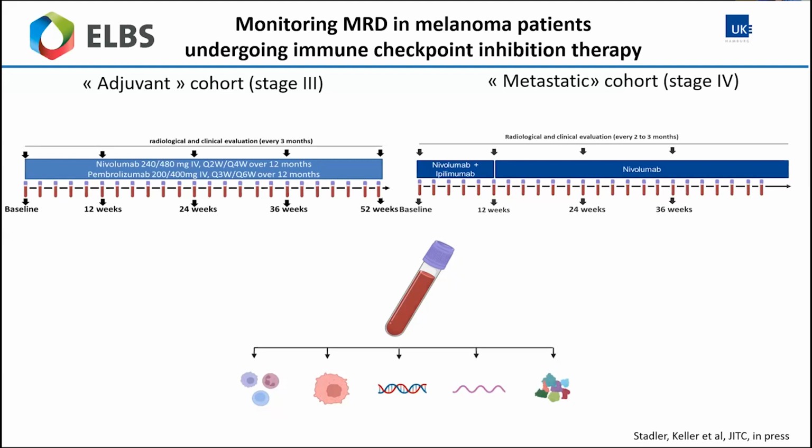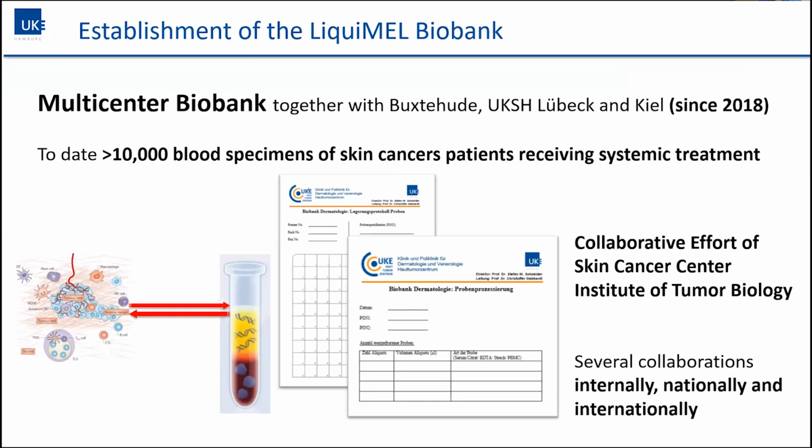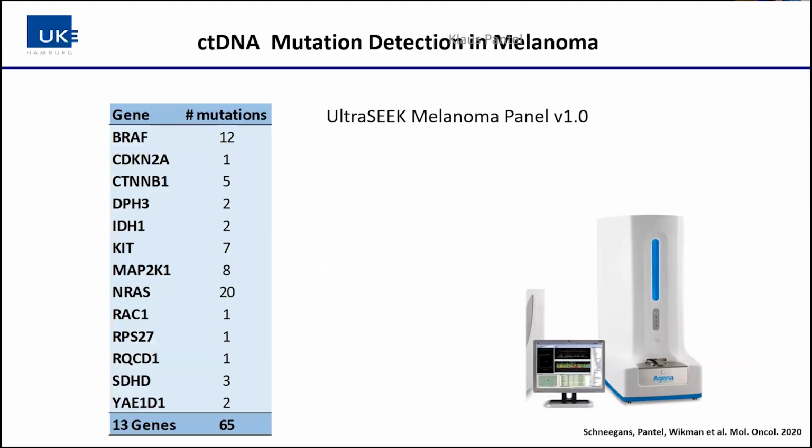And we analyze ctDNA, but also other liquid biopsy components. We have established a multi-center biobank, and that is really thanks to the wonderful clinical scientists shown on the last pictures that really do a lot of work to establish this biobank. And this is really a great asset for our ongoing and future collaborations.